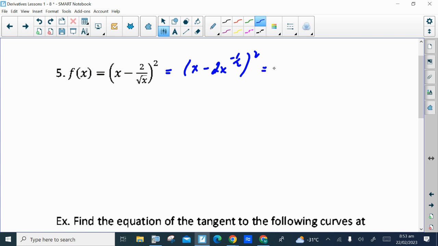We start by squaring the first term, which will be x squared. To get the middle term of the expansion, we multiply the two terms together and double. So if I write this out, when you multiply the two terms together, you're going to get a coefficient of -2. When you double, you're going to get a coefficient of -4.